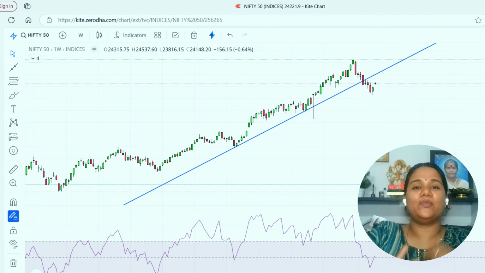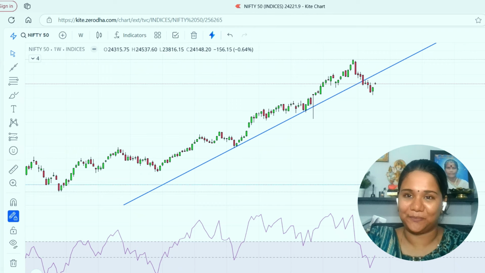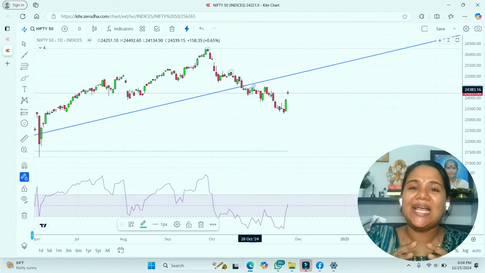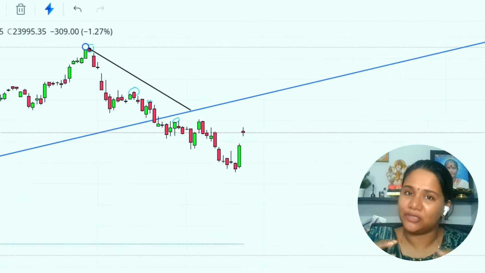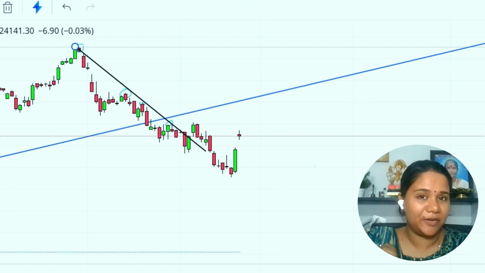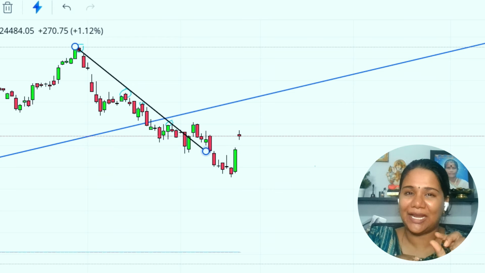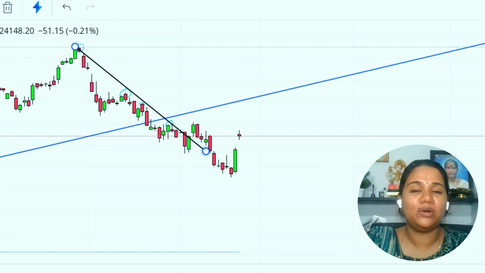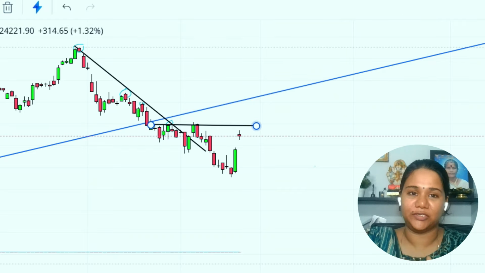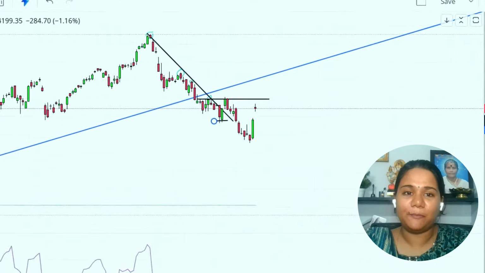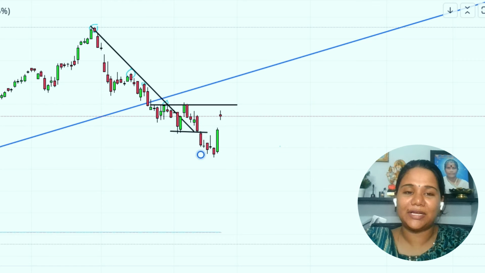This is what we learned from the weekly time frame. And then we moved on into the daily time frame. In the daily time frame, we learned that there has been a downtrend. So Nifty has been falling in a downtrend, but there has been a small breakout from that downtrend, and there was a resistance at one level, and the price came down further, even below the previous low, therefore creating a lower low, which indicates that once again Nifty went into a downtrend.